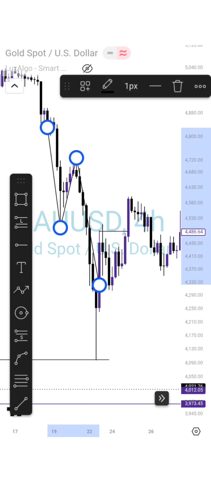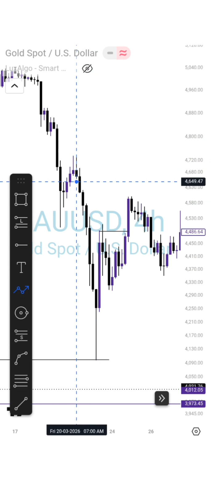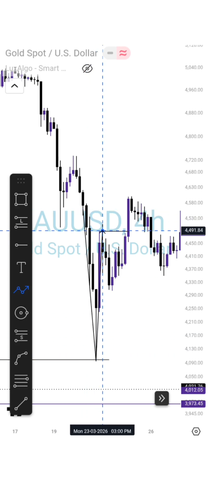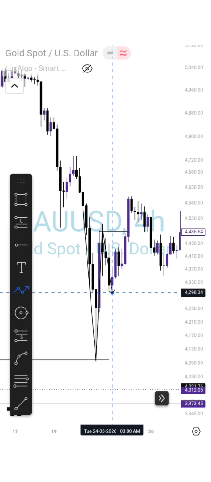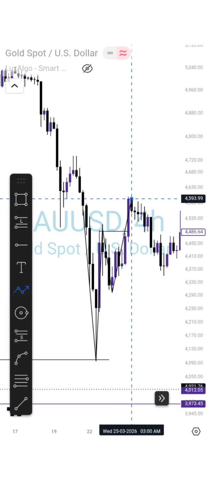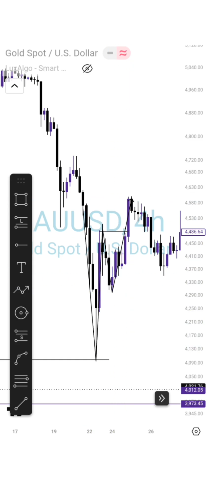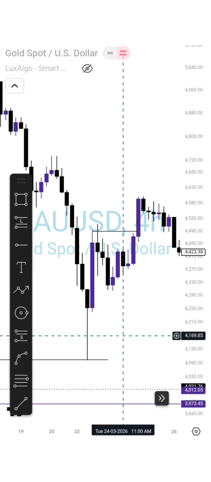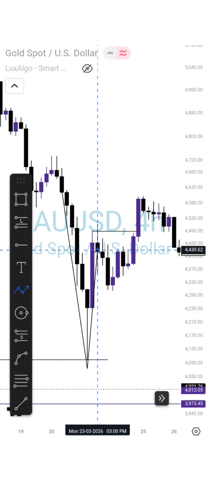But in this particular situation, we had price coming down, creating a high, but it refused to take out this lower low. Instead, it stopped here and then went back to take out this high. So when you see this particular type of situation, it could even look like this.